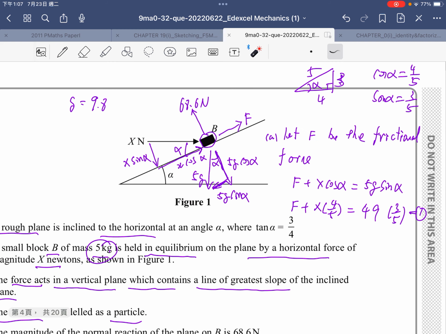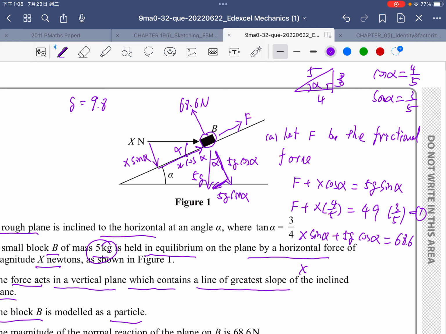For equation 2, this force plus this force must equal this force. So x sine alpha plus 5g cosine alpha, sorry for the typo, is equal to 68.6.